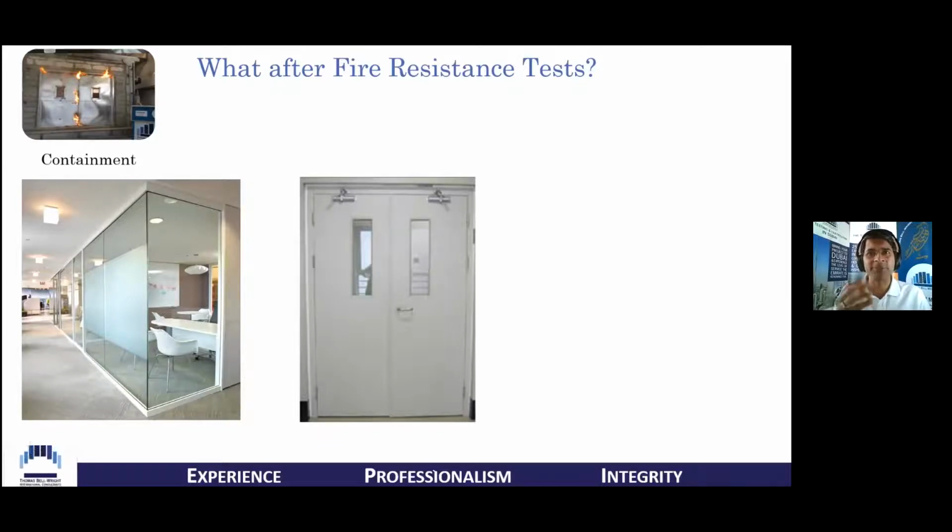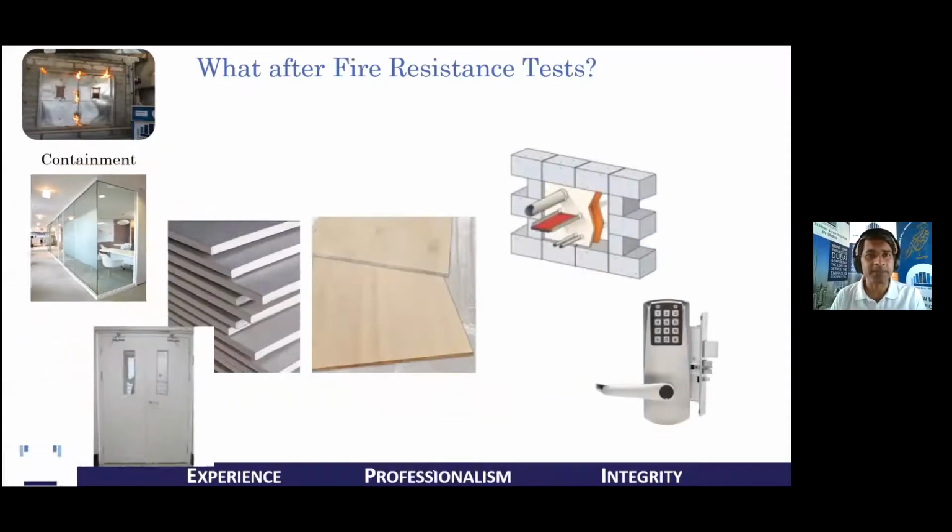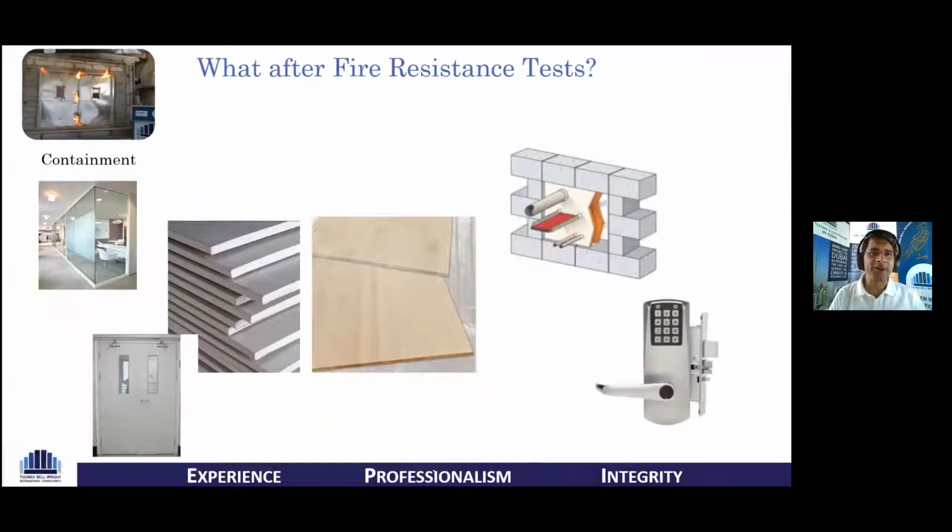Because yes, we understand what fire resistance as a property is, but we should also understand how this comes about. A fire door or a partition system is brought together using components and materials which are produced in manufacturing locations. And there needs to be a process in place that ensures that these are produced repeatedly.